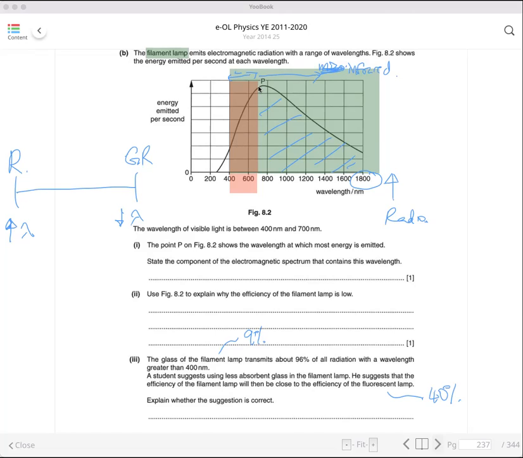The 96% mentioned here, sorry, 96% is not here. 96% is here. This red color part is 9%. If I were to use a less absorbent glass, it means less light would be absorbed. However, most of the energy will still be emitted as infrared, which is heat. So this suggestion will not be correct. Okay, you understand now?